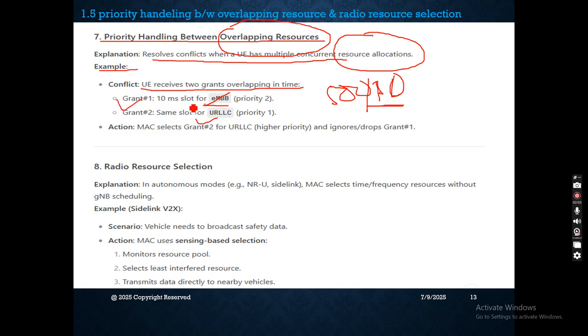Grant 1, 10 millisecond slot, is for eMBB and has priority 2. Grant 2 is allocated for the same slot for URLLC services and has the high priority. So there is always a chance of conflict, and here the conflict is happening. Resource is allocated to whom? MAC will select grant 2 for URLLC. Why?